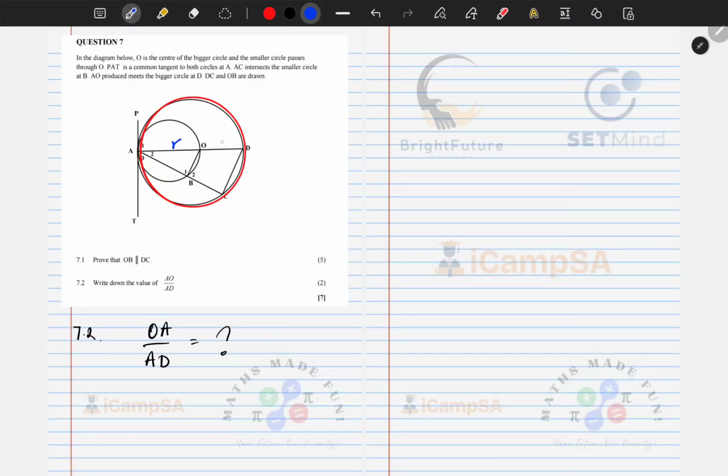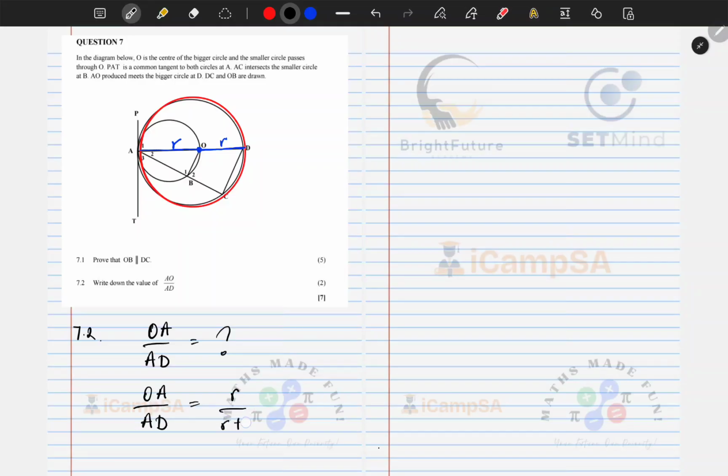So this is going to be R, and also this is going to be R. So you have 2R. Therefore you're going to have your OA over AD, which is equal to, what is OA? OA is R, and what is AD?